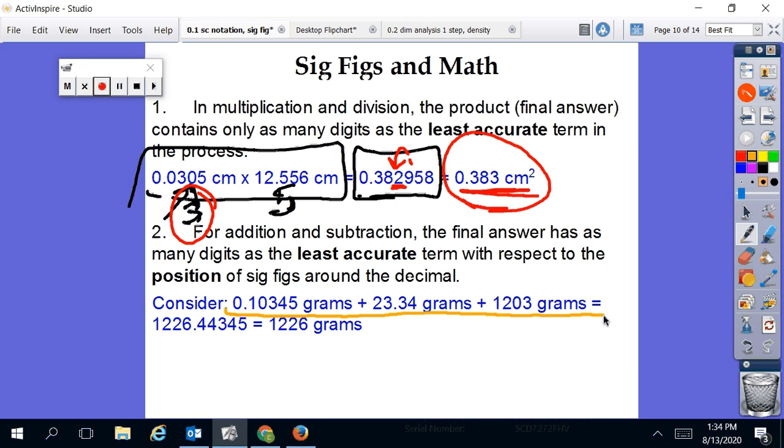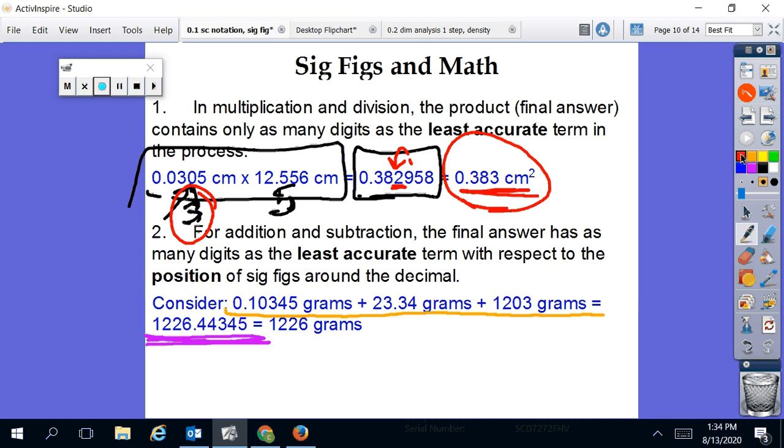Okay, the answer I underlined in purple is what you get when you add them all up in your calculator. But we got to take into account significant figures. Okay, and you're looking with respect to the decimal place.